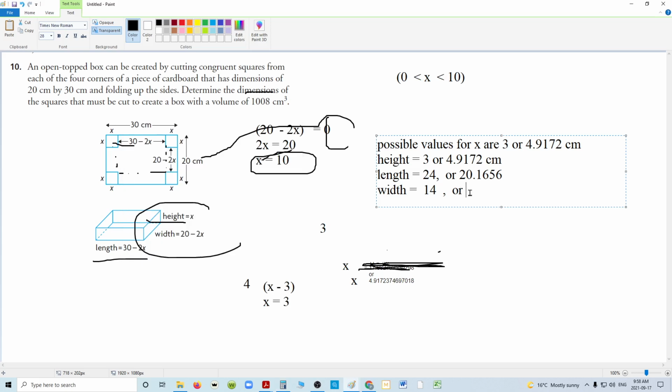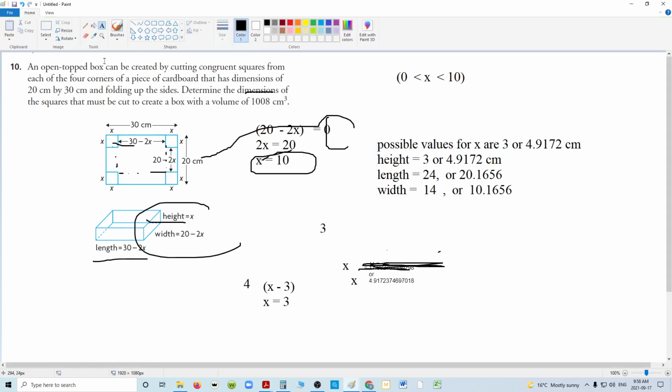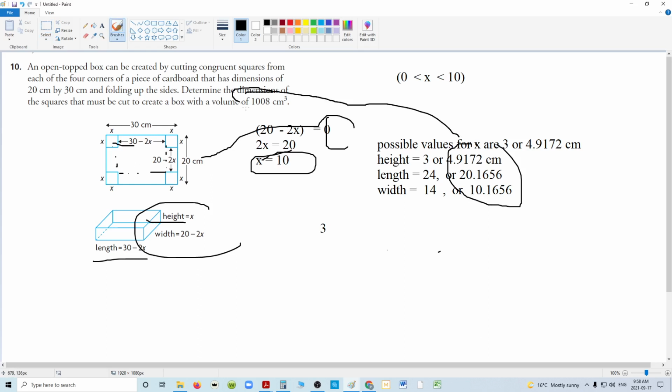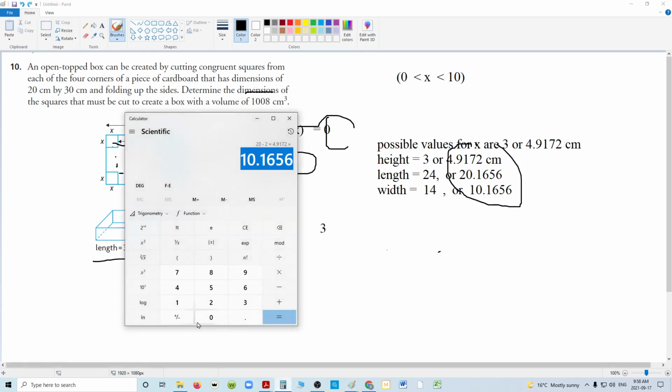So these are the possible dimensions. And if you were to multiply them out, for instance, if I multiply all of these, I should get my original volume of 1008. If I don't, I did something wrong.